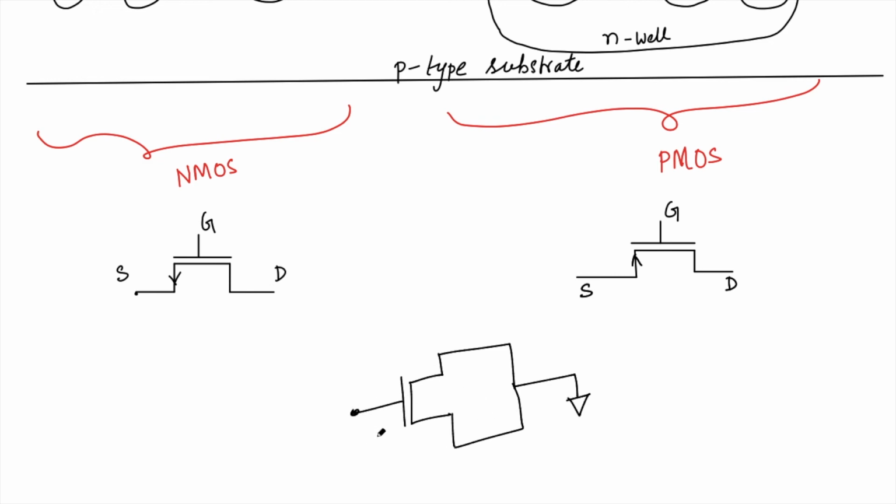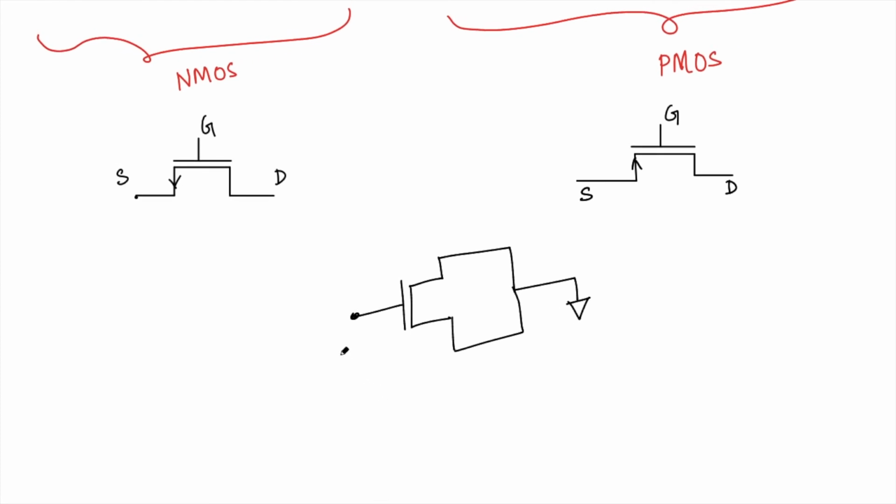In case of the NMOS, I need to apply a positive voltage, so that my electrons get attracted and the channel is formed. Whereas the reverse operation happens in case of the PMOS: I need to lower the potential compared to the potential of the drain and the source. Then only my holes will get attracted and the channel will be formed.